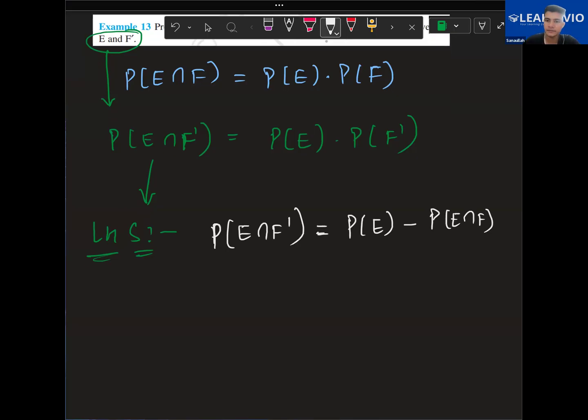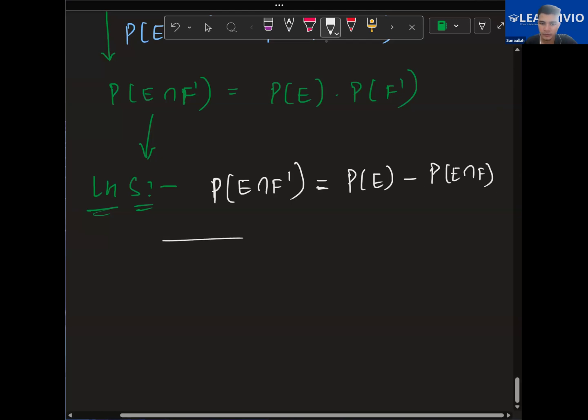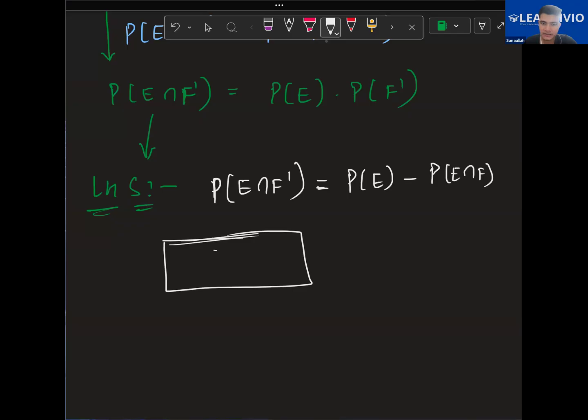If you want to see from where this formula came, you can use the Venn diagram. आप इसमें चेक कीजिए. This is your E event, this is your F event. E and F are two events. ठीक है. इसका मतलब क्या होता है? इसका मतलब होता है E intersection F dash. So this is your E and this is F dash. What is F dash?